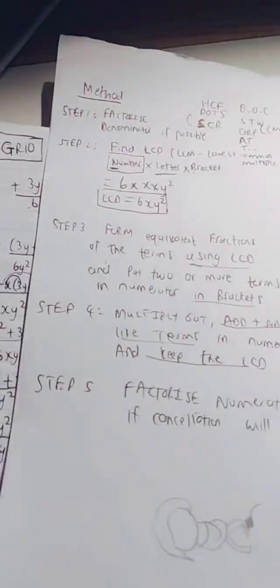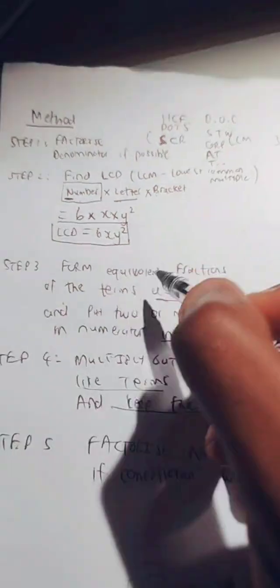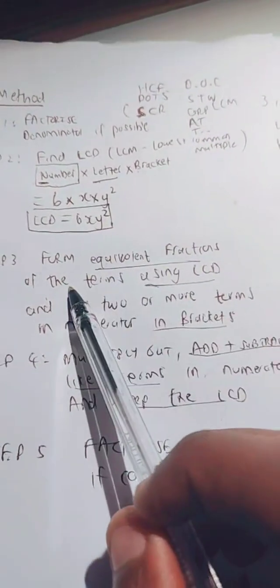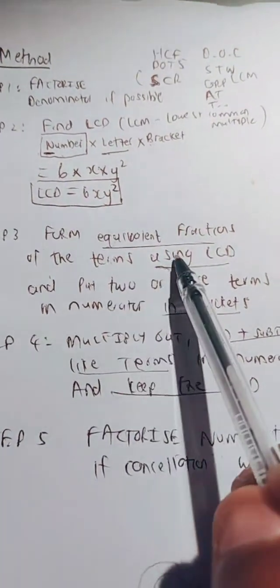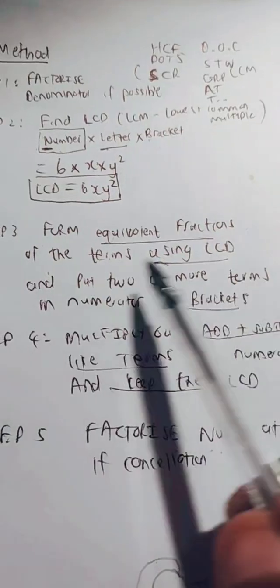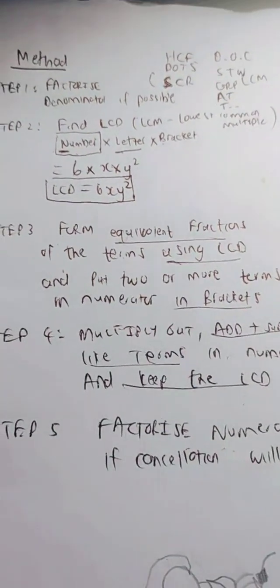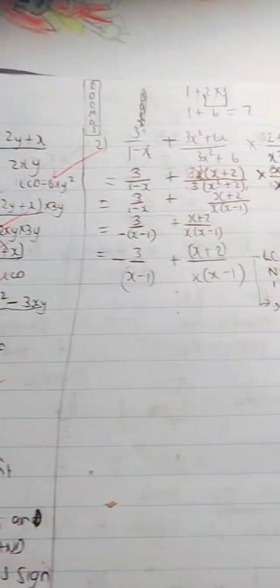Now, step number 3. After finding the LCD, we form equivalent fractions. We form equivalent fractions of the terms that we have, using the LCD, and we put the 2 or more terms in the numerator in brackets. So let's now form equivalent fractions.